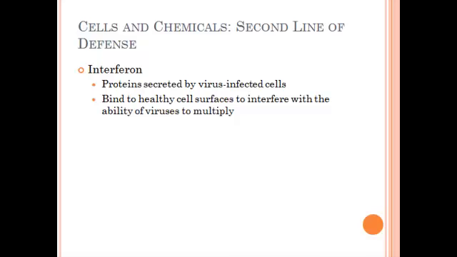And so these interferons will be sent out by the virus-infected cell. What they do is they prevent viruses from attaching to other non-infected cells. It almost acts as a blocker so that these viruses can't then go and attack other cells. So these are proteins that are important in our second line defense as well.